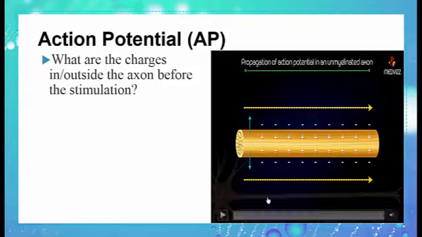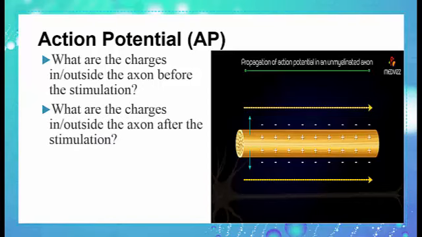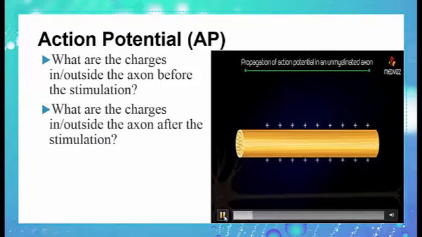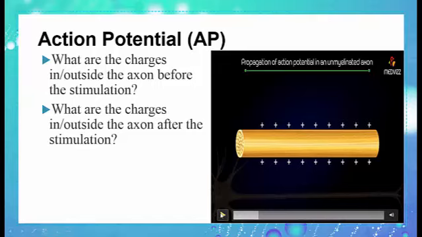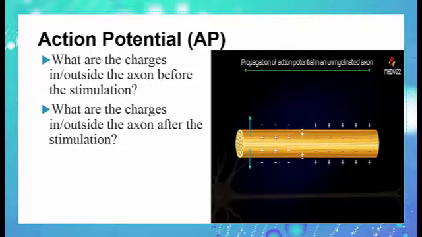I will repeat the video and compare the charges before and after the stimulation. Before the stimulation, the axon is positively charged outside and negatively inside, while upon a stimulation, as a result, a wave of positivity moves down the axon without any individual ion moving very far.